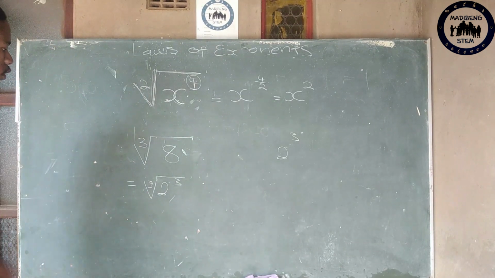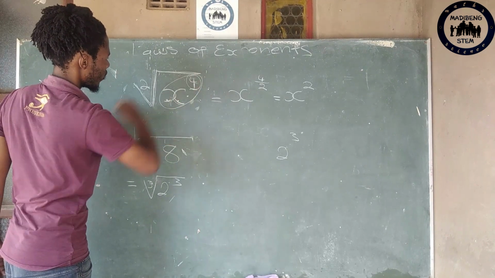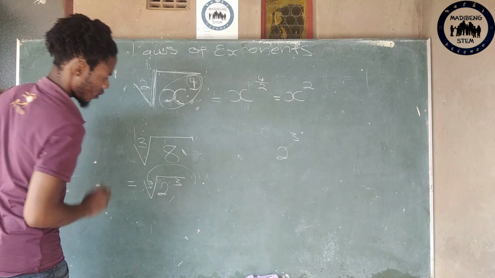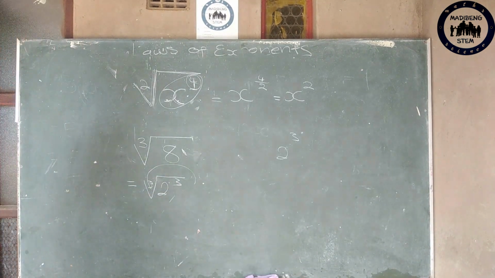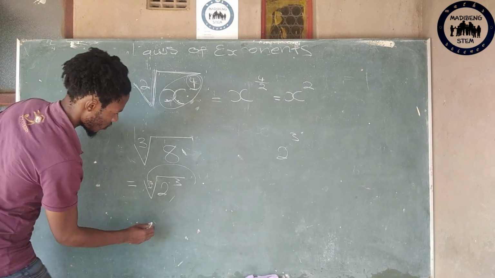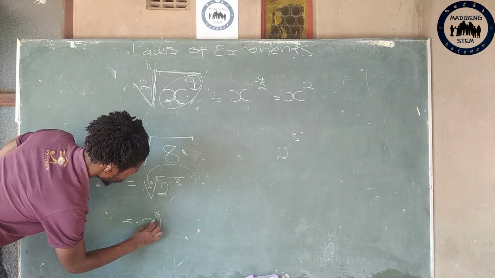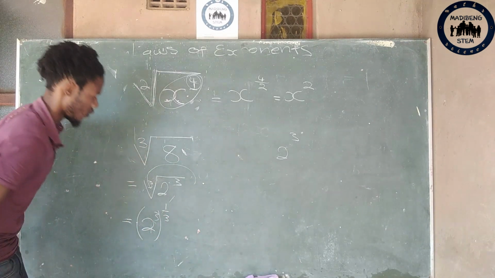You see? So now this situation is like this. We will have to remove this, to multiply it with this exponent. So this is 2 to the exponent 3, 1 over 3.